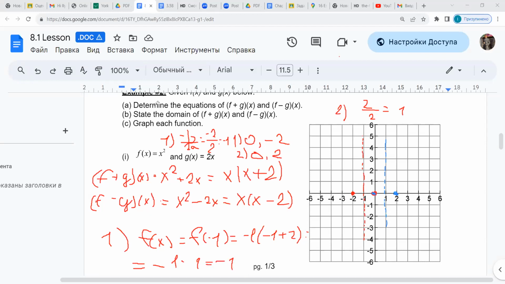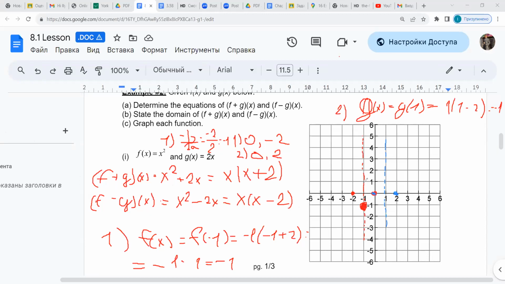And for the second function, we're going to have g of x equals g of 1, because here is the other axis of symmetry, which equals 1 times 1 minus 2, which also gives us -1 as an output. So now I can clearly tell that for f of x, my vertex is going to be at the point -1, -1.